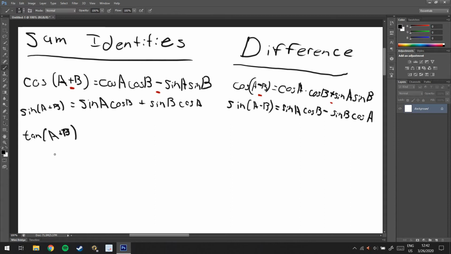We could also think of this as sine over cosine, if you want to do it that way. Or we could write it as tan A plus tan B over 1 minus tan A times tan B.